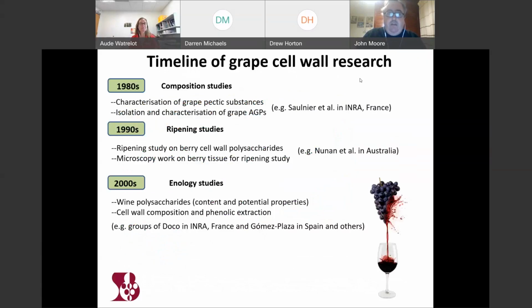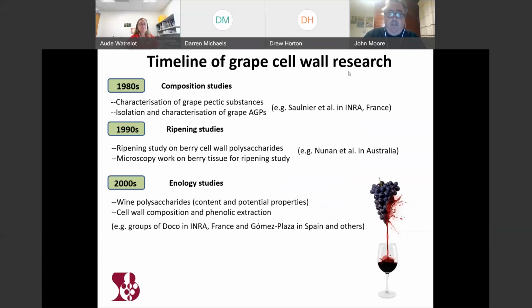And as the 90s progressed, additional studies were carried out by Kylie Noonan from Adelaide University in Australia, looking at ripening of berry cell wall polysaccharides, and then enology studies by groups such as INRA Montpellier in France, Thierry Doco, and also Encarna Gomez Plaza in Spain, looking at phenolic extraction and cell wall composition.